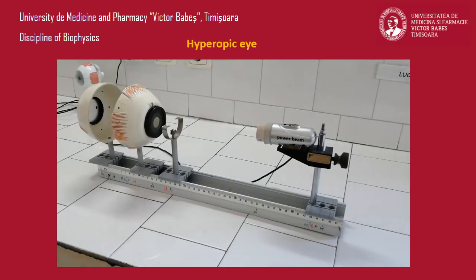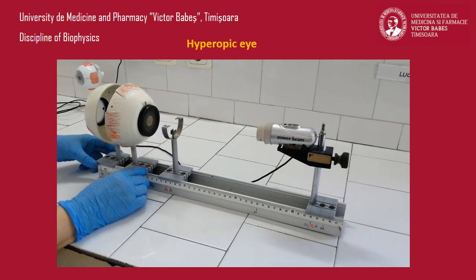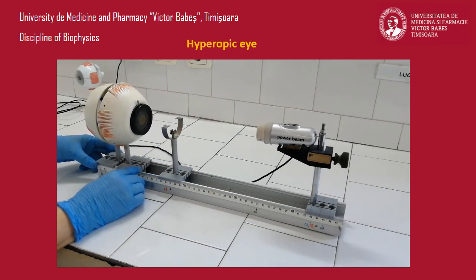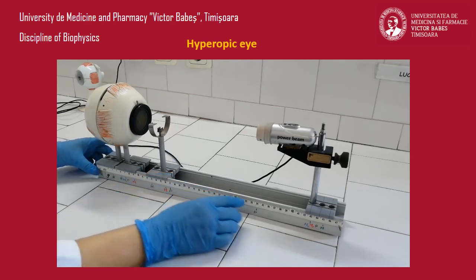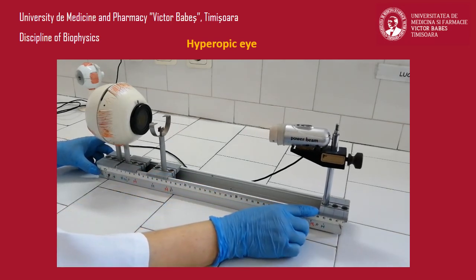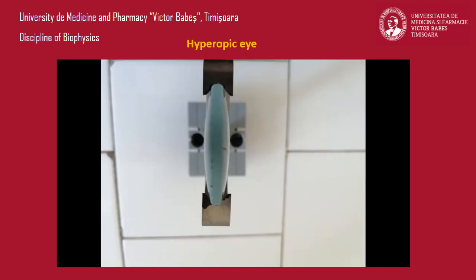To study image formation in the hyperopic eye, place the holders for the anterior and posterior hemispheres as well as for the light source next to the corresponding H letters. This way, the antero-posterior axis of the eye is shorter compared to the normal eye.